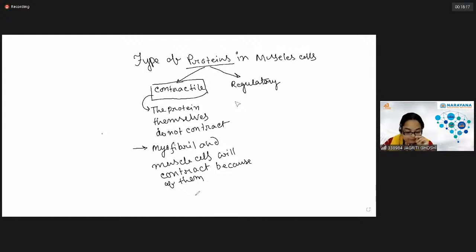They make other structures contract, like myofibril and muscle cells, because of them. What are the examples of contractile protein? The examples of contractile protein are actin and myosin.